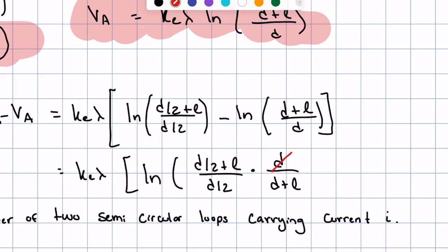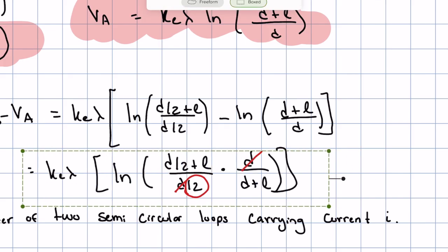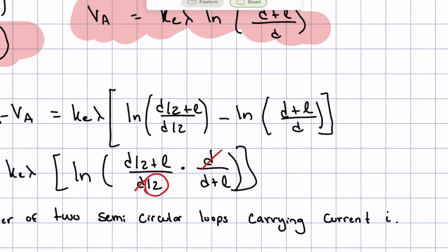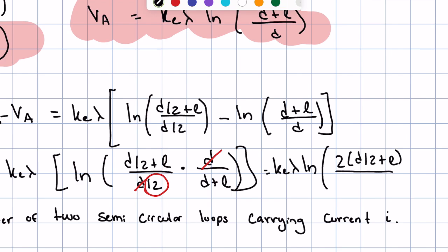We have the d here and the d here. This we can then put in the numerator, where we now have Ke lambda ln of 2 times d over 2 plus L divided by d plus L.